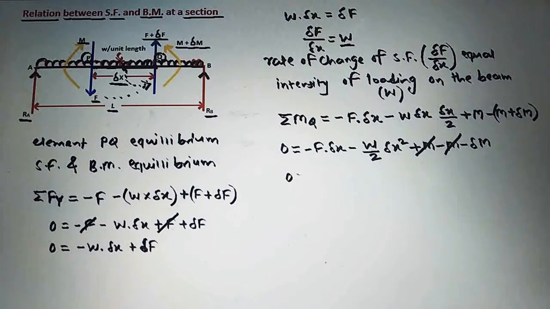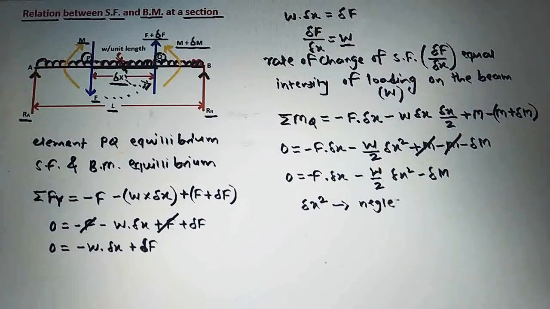So we can write 0 is equal to minus of F into delta X minus of W by 2 delta X square minus of delta M. Now as delta X is very small, delta X square is neglected. So as delta X square is neglected, we can write 0 is equal to minus of F into delta X minus of delta M.